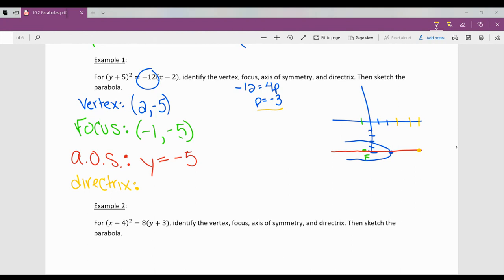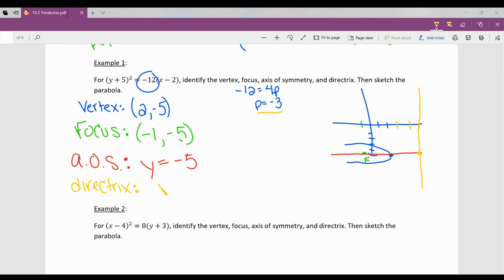And my directrix is going to be the perpendicular line to the axis of symmetry, so it's going to be x equals. And this x value is at 3 units away from 2, so 5. Okay, so that's how we identify the vertex, focus, axis of symmetry, and directrix.